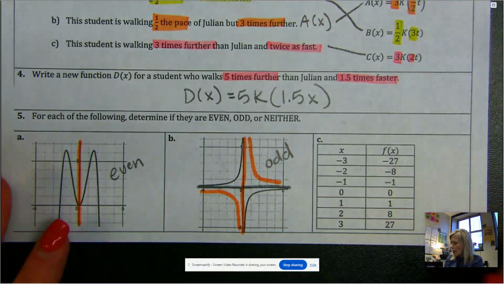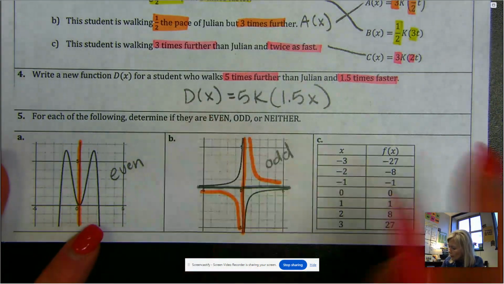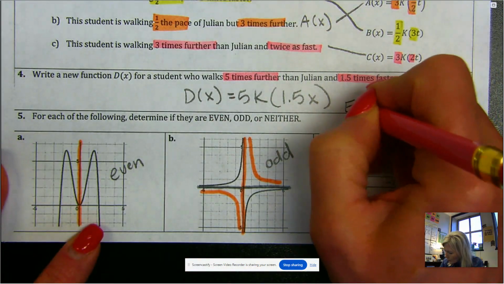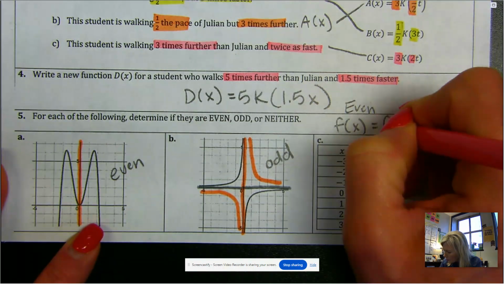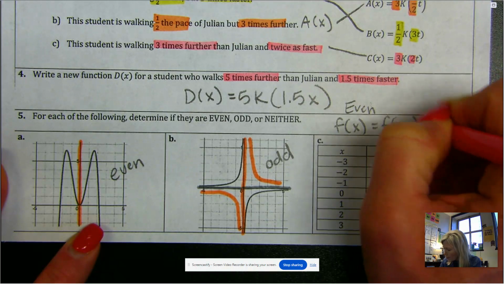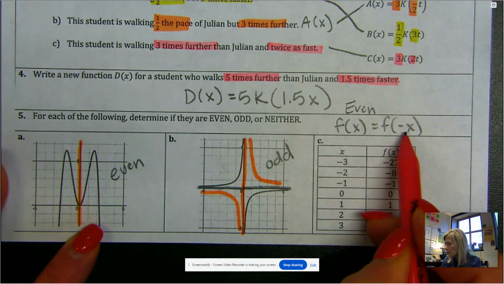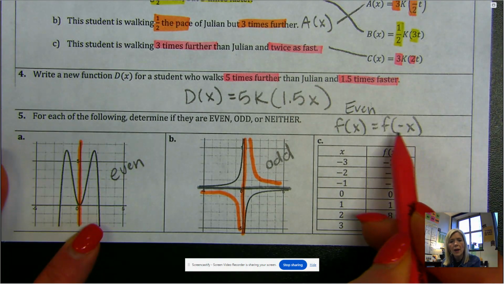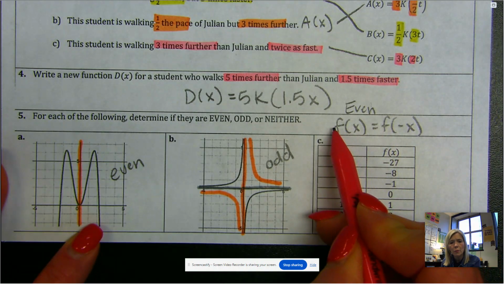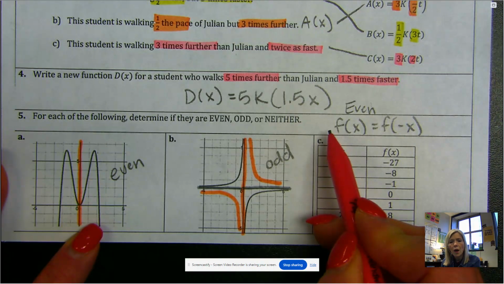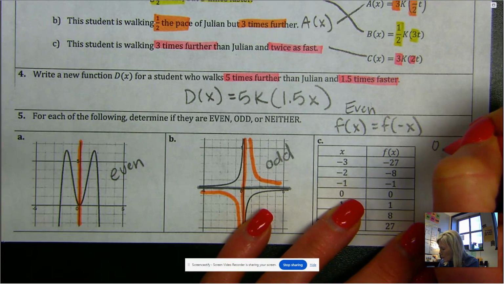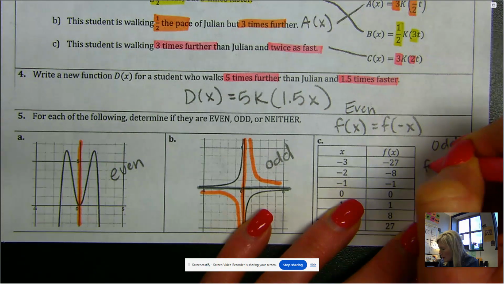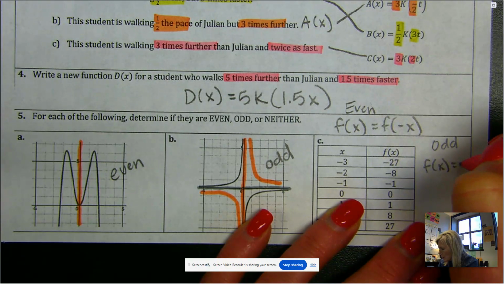Okay. And then finally, in even functions, the rule looks like this: f of x equals f of negative x. That means opposite inputs, x and negative x, have the same output. These are both positive. Okay. Opposite inputs have the same outputs. However, in odd functions, f of x equals negative f of negative x.